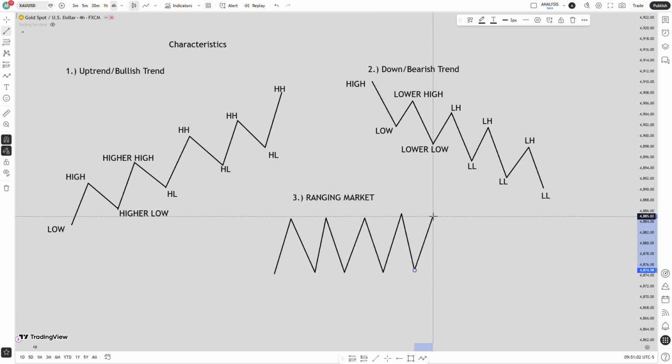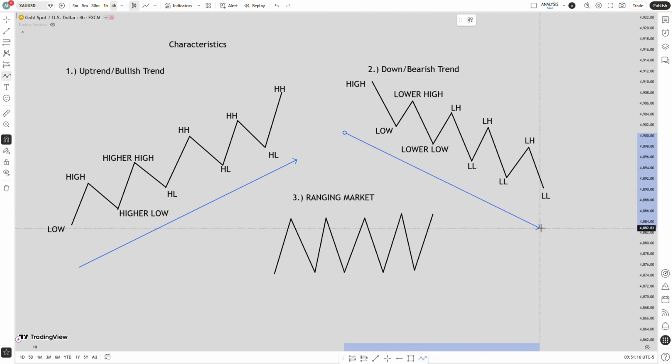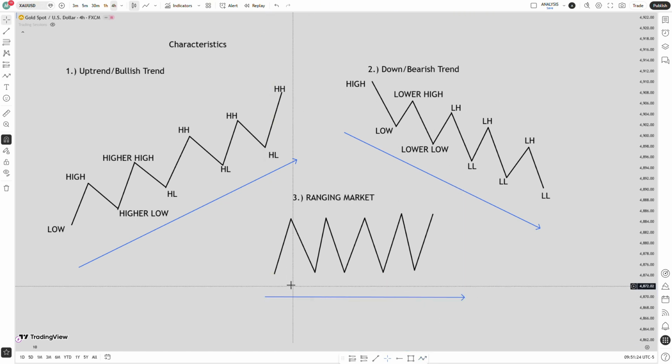So there is really no defined direction in a ranging market. For an uptrend, we can determine that the direction is facing up. For a downtrend, obviously it is facing down. But for a ranging market, it's just going sideways. We can't label anything here.